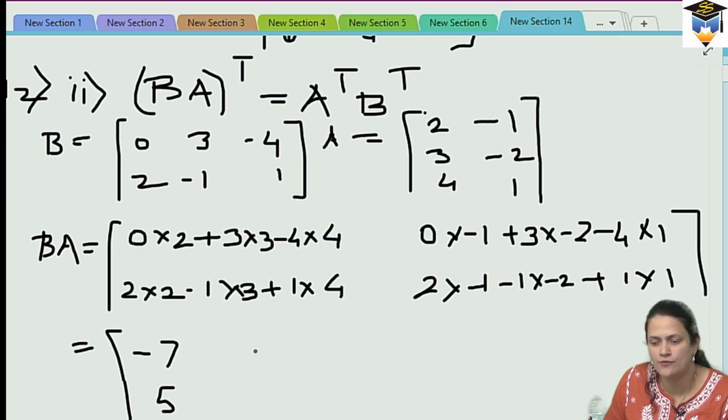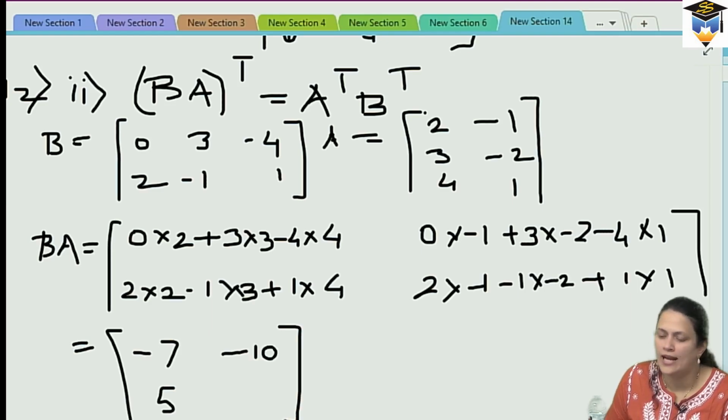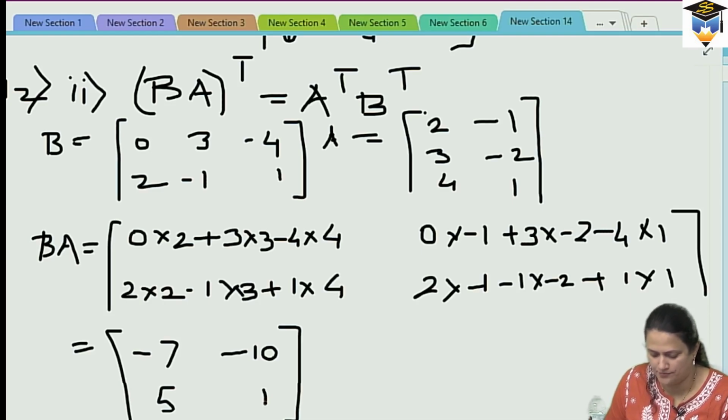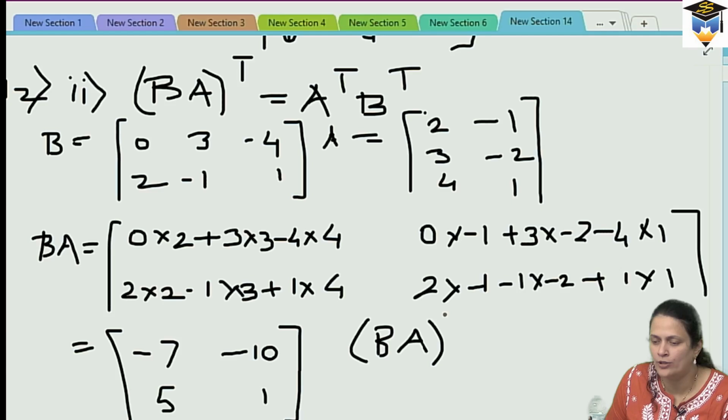Minus 6 minus 4 is minus 10. And the last is 2 into minus 1 minus 2 plus 2. So this becomes 0. So here we are going to get it as 1. Now let us find out what is (BA) transpose. For (BA) transpose, again whatever BA is there, we are going to convert the rows into columns.